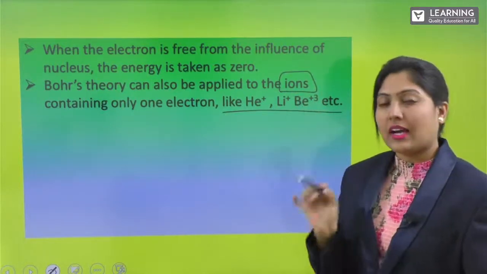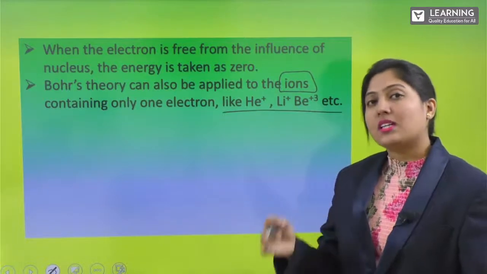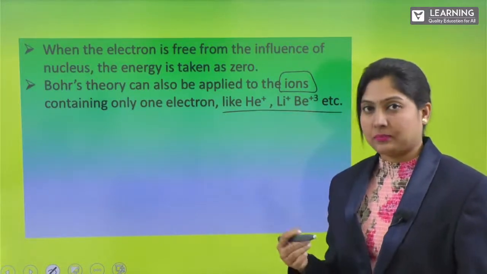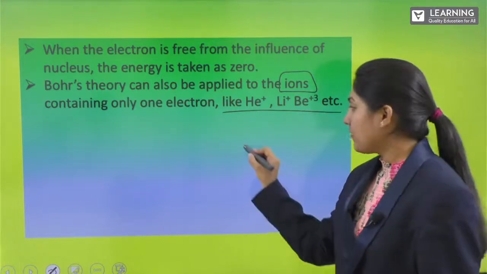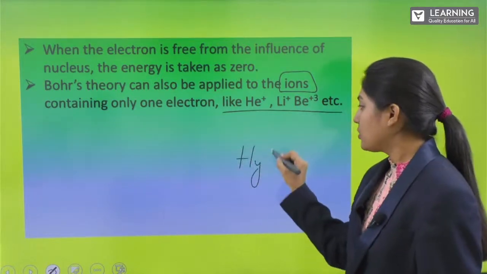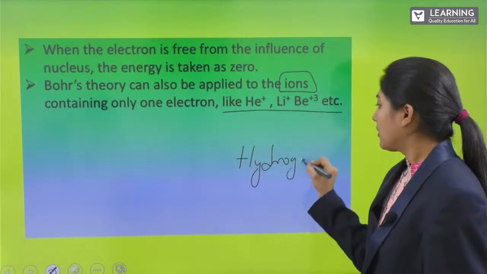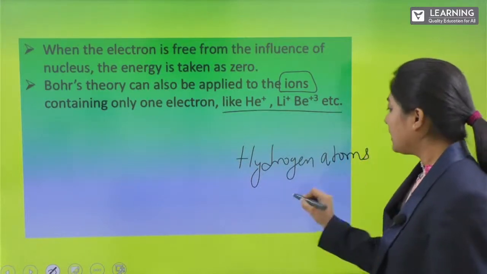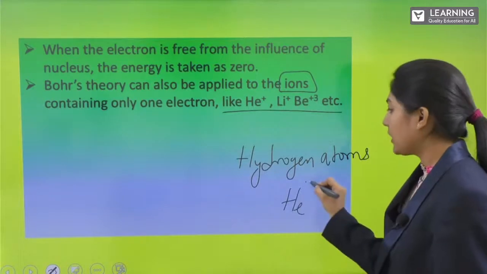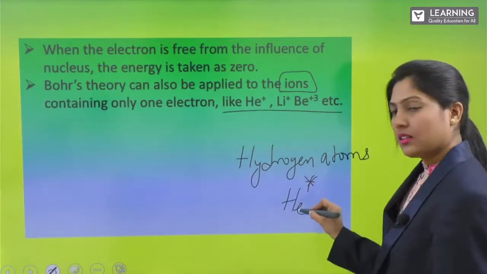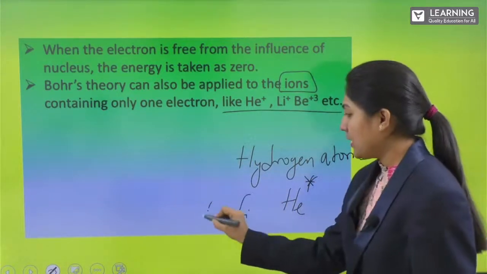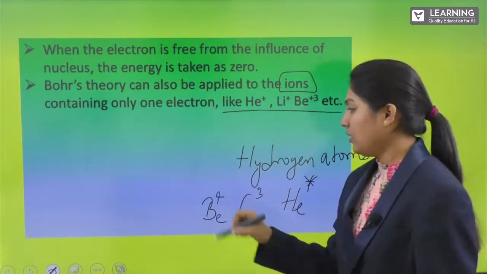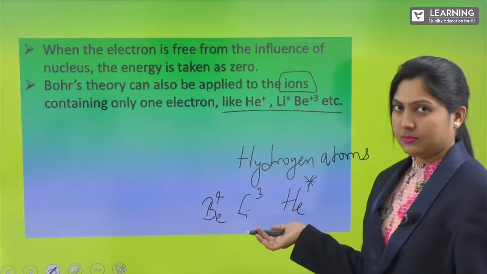If I say hydrogen-like atoms, then this will become helium without any plus charge, and lithium, beryllium, they will be having 3 and 4 electrons as usual.